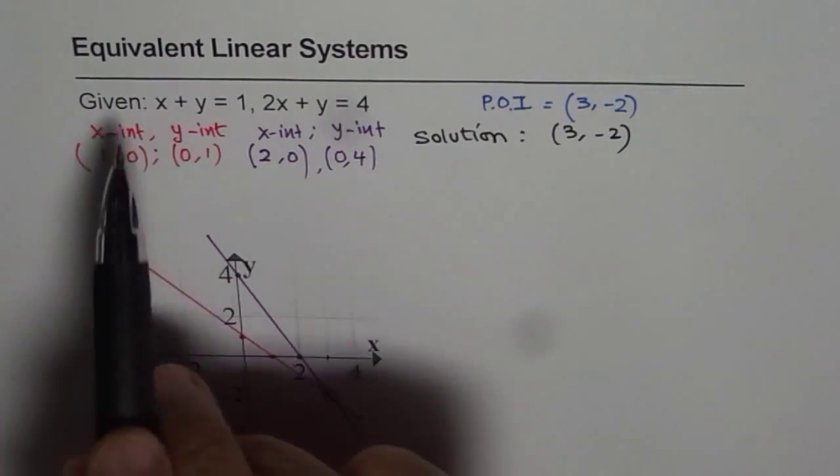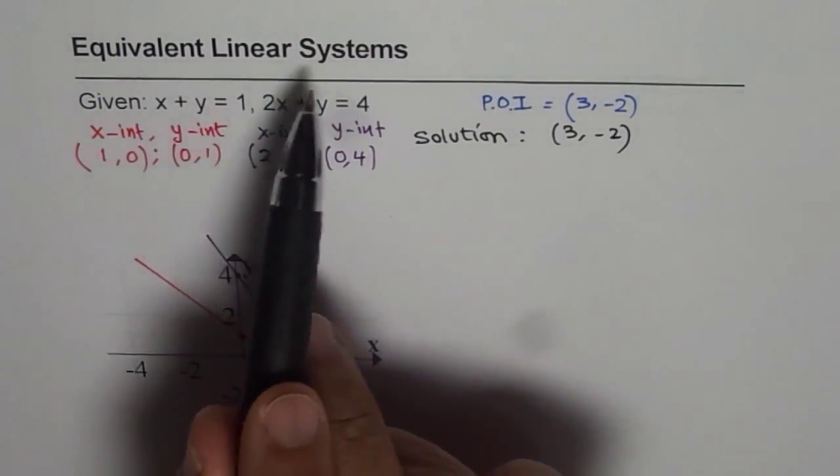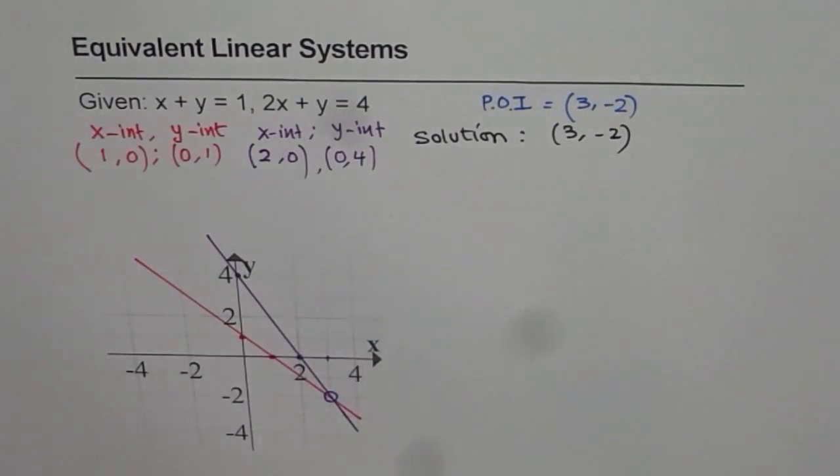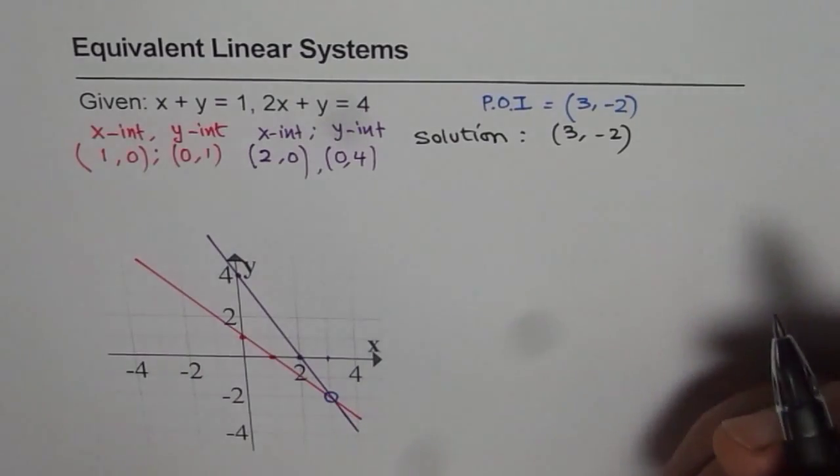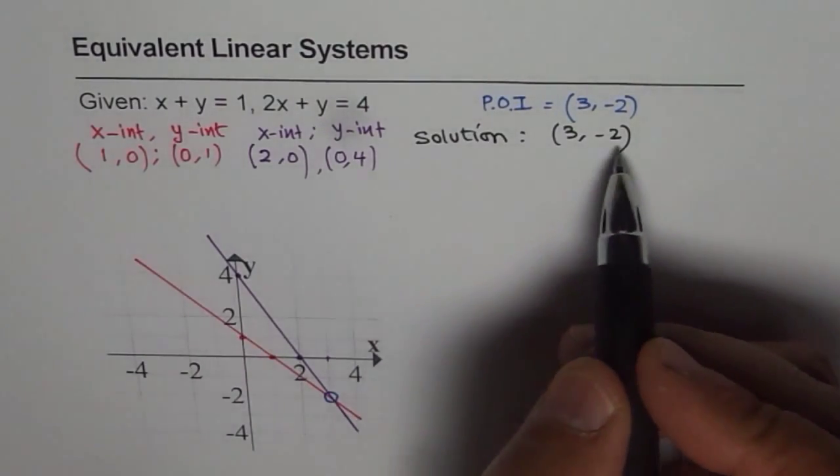Now when we say linear systems and equivalent linear systems, what is an equivalent linear system? An equivalent linear system is a set of equations which will have the same solution, right?